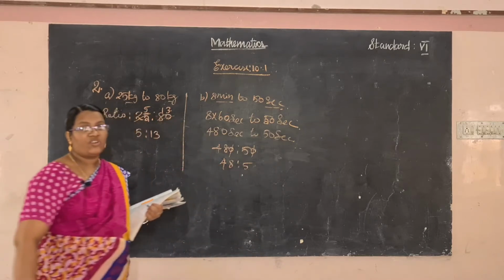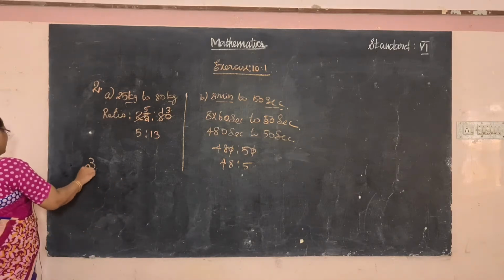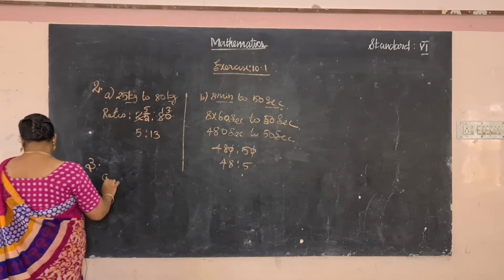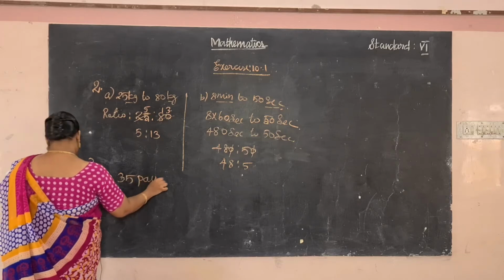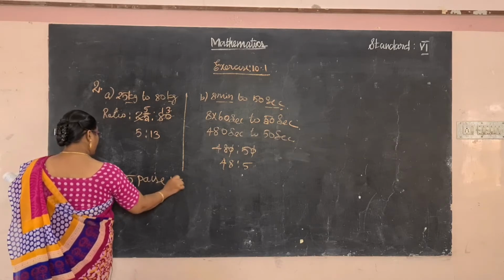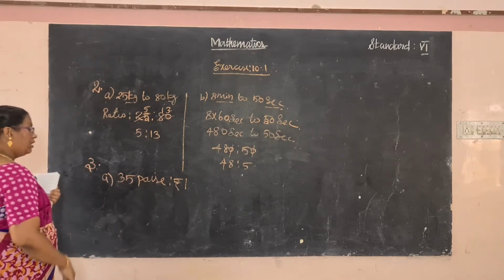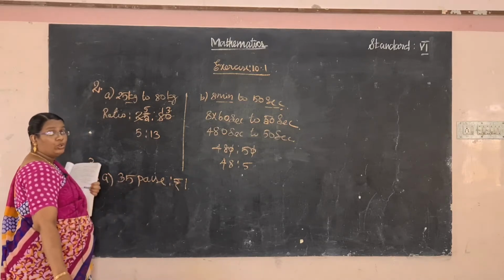We cannot simplify this further. Okay, right. Now what is the third problem? Simplify the following ratios. The first one, 35 paise is to rupees 1. Here paise is given and that one is rupees. So we change the rupee into paise.